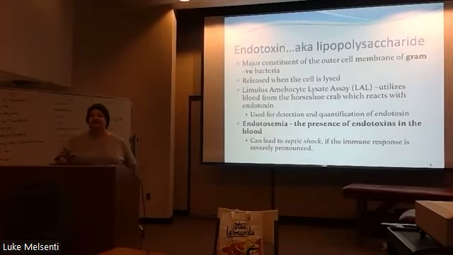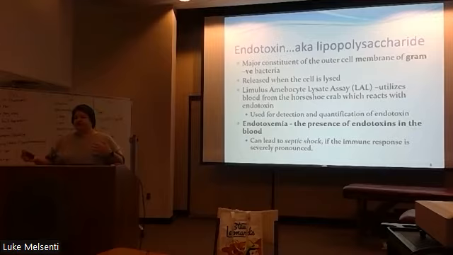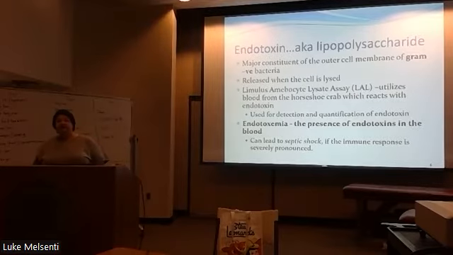That's the test for endotoxins, and what it does is it takes blood from the horseshoe crab, mixes it up, and then you see whether the cells get lysed or not. Okay. Terminology: endotoxemia is the presence of endotoxins in the blood, which can lead to septic shock. Septicemia, septic shock, right? You'll hear some of those terms.